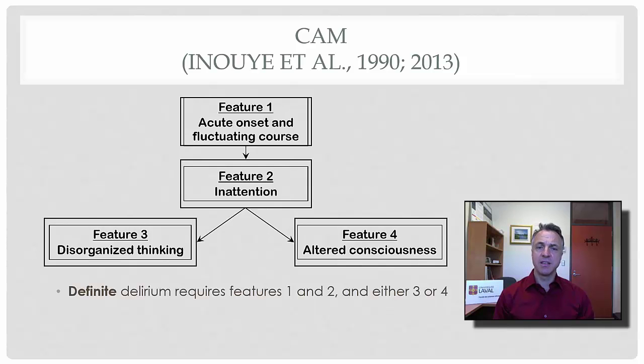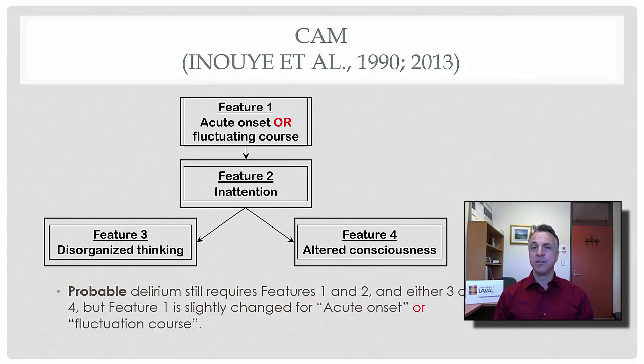Feature 3 is disorganized thinking. And feature 4 is altered level of consciousness. Something important to mention: the acute onset and fluctuating course can be anything related to cognitive impairment, behavioral disturbances, or even a change in the sleeping habit patterns of the patient. So it's very different from the second criteria of the DSM-5.